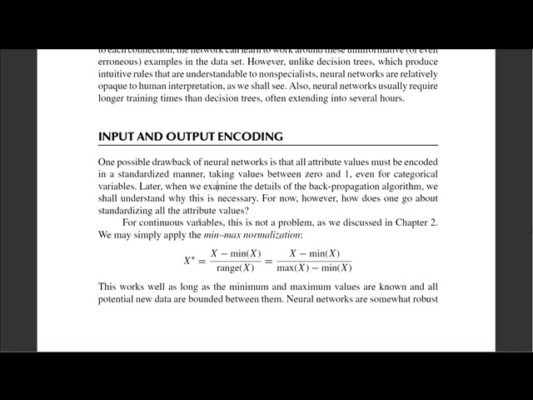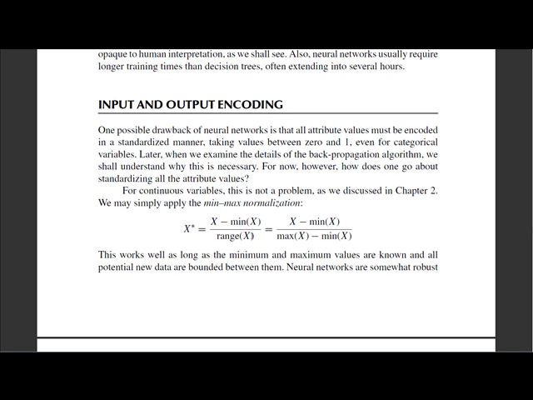For continuous variables, that is numeric variables, this is not a problem. As we discussed in Chapter 2, we may simply apply the min-max normalization. So you take a value like somebody's age, and then you subtract the minimum age for the entire data set, and then you divide by the range of the ages.